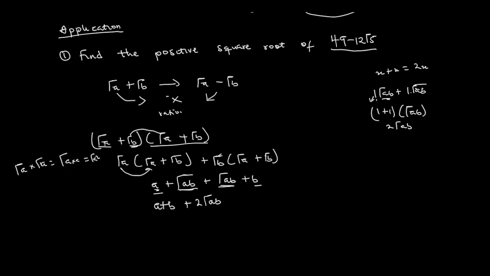Now, notice this was the expression root of a plus root of b multiplying itself, and then we have this final expression. What can we conclude about it? We can say this one is a rational part, and this one is a surd. So anytime you multiply a surd by itself, you are going to get two expressions, one in rational form, the other being a surd, right?